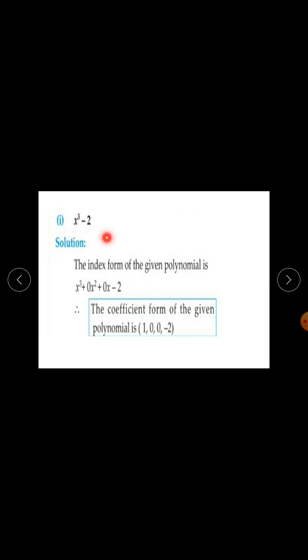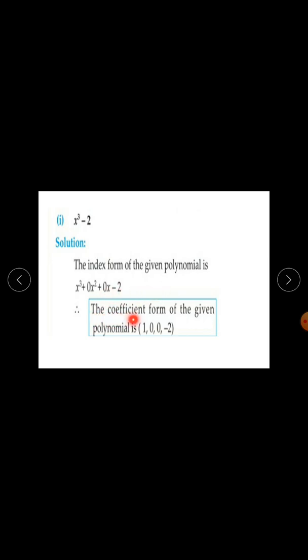So we can write it as 0x square and 0x, and it can be added to the polynomial.